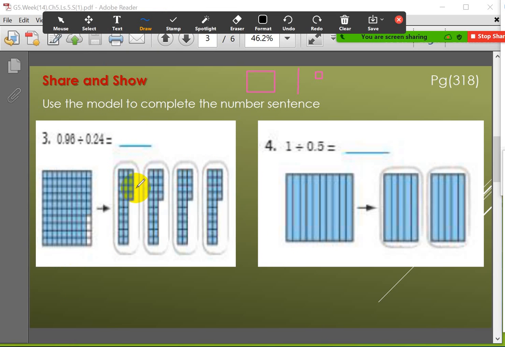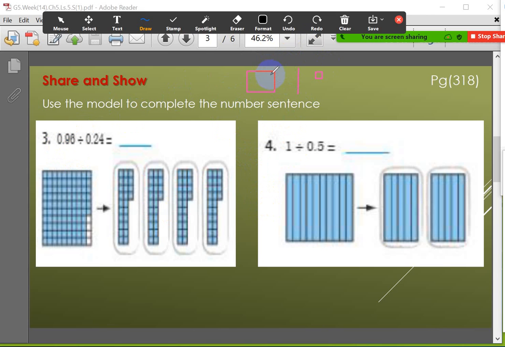Larissa, I said that I have to divide a decimal by a decimal using the base 10 blocks. How will I do that? I have to represent each number, the dividend and the divisor, using base 10 blocks. So first, the dividend, as an example, is 0.96.